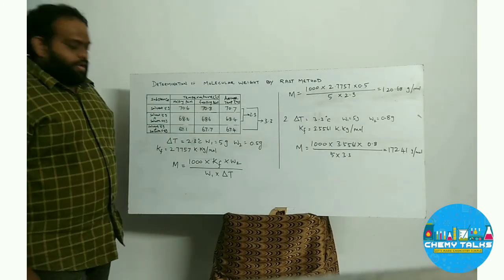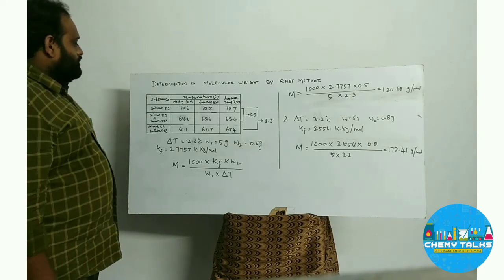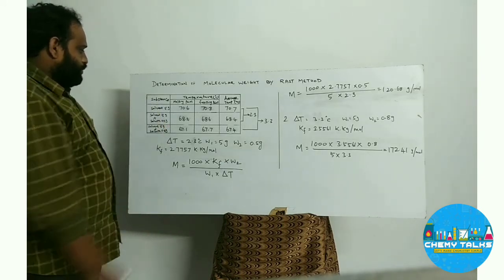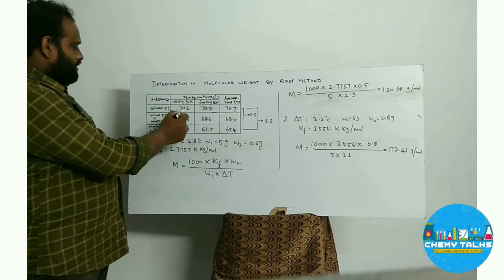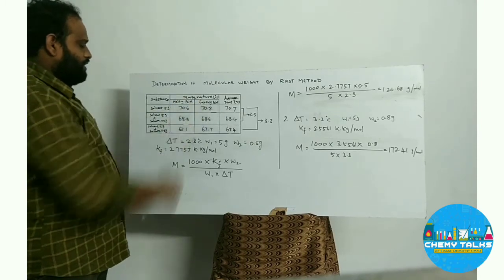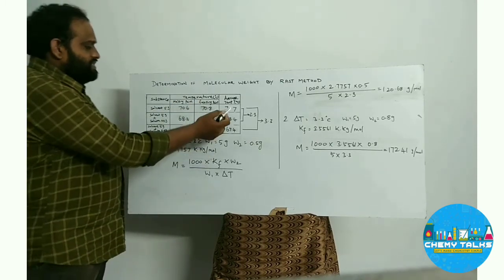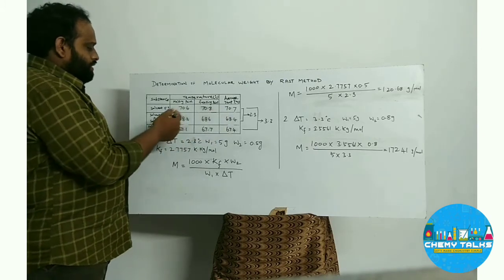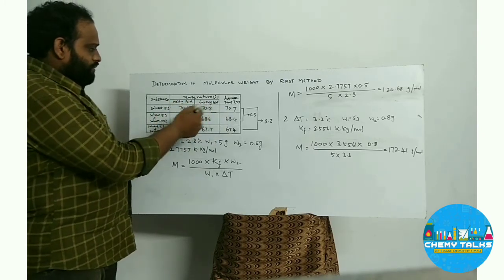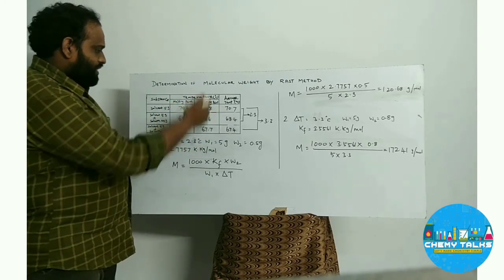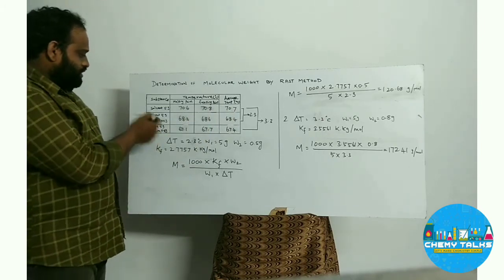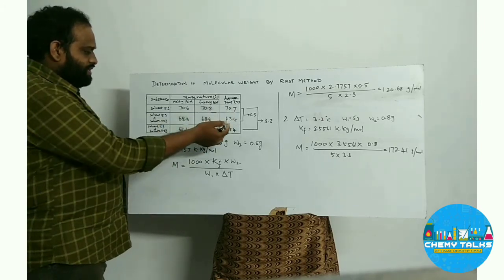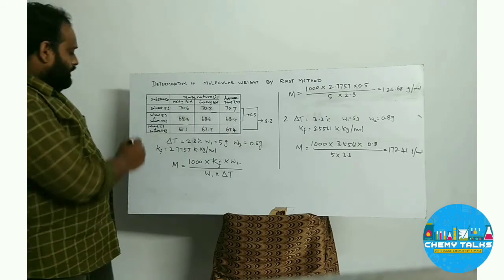Repeating the experiment with solvent and unknown solute, we will get the melting point of the solvent and the freezing point of the solvent. From the melting point and freezing point, we will get the average temperature of 70.7. After adding solute to the solvent, we will get the average temperature of 68.4.